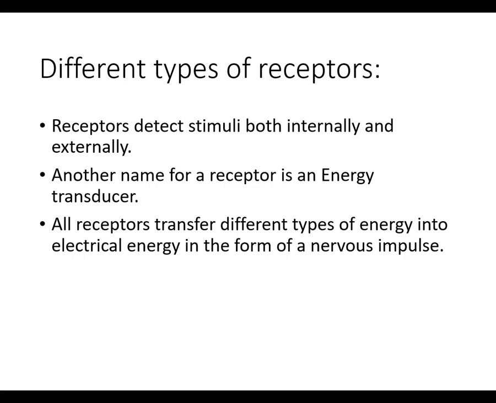It converts energy from one form to another. So all messages travel around the body as electrical impulses. Our energy transducers, our receptor cells, need to transfer that energy from the way it comes in into electrical impulses. They all change it into electrical energy, but it's the way they receive it that is different.